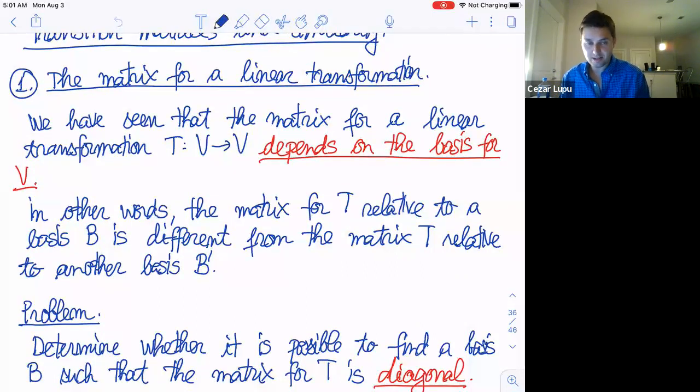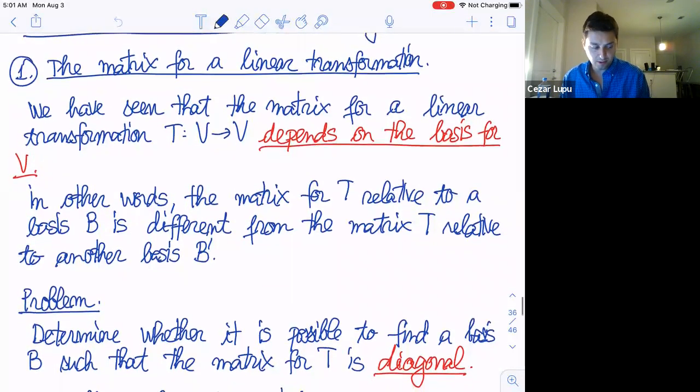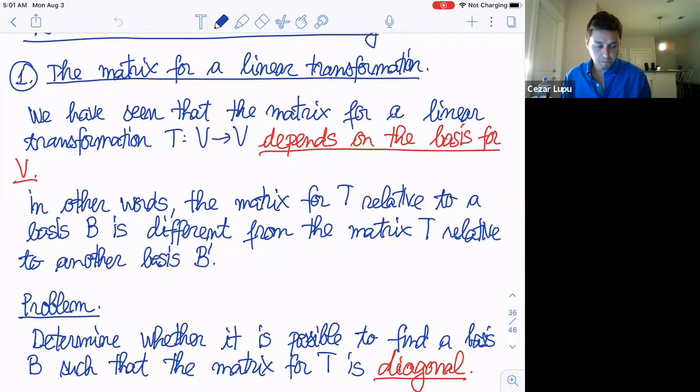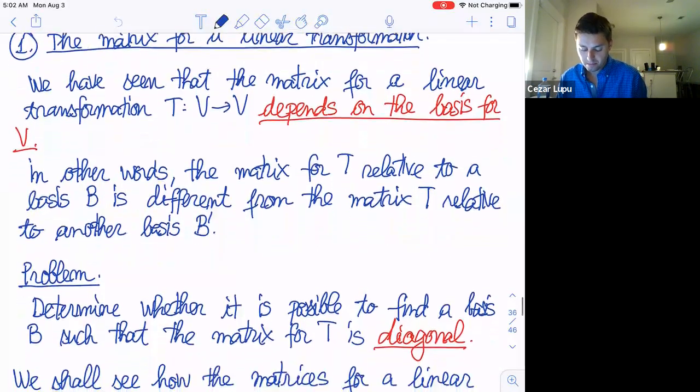This is a classical problem that we would like to solve, and the solution will be discussed in the chapter on eigenvalues and eigenvectors, in the second lecture that will follow. It will be more related to the diagonalization of matrices.